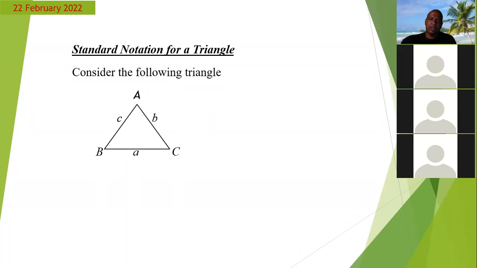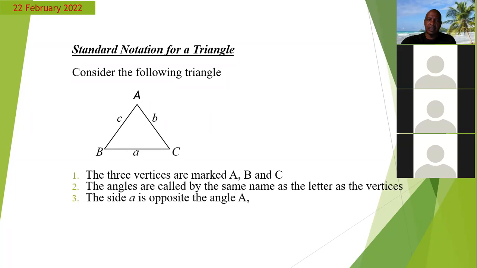Now, there are some other things we want to note about triangles, all right? So these were already mentioned. So we say the three vertices are marked capital A, capital B, and C. The angles are called by the name of the letters.